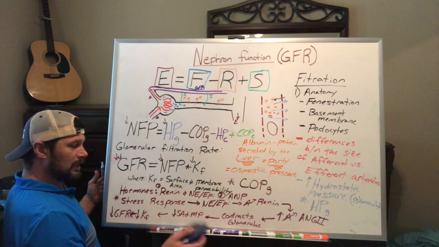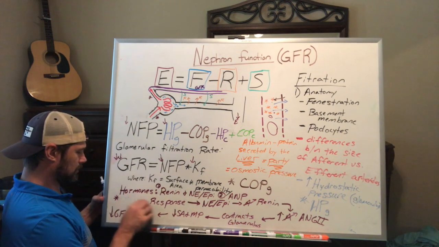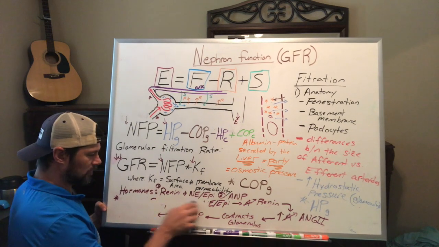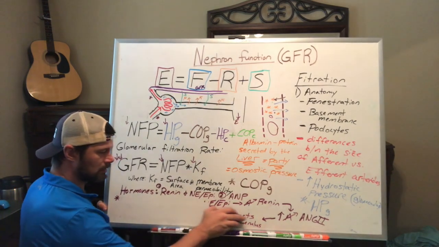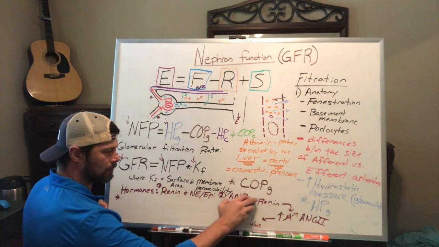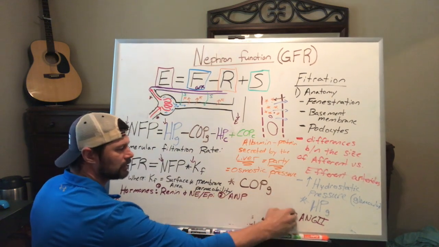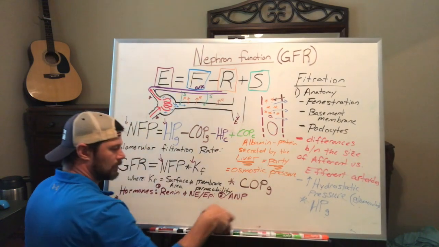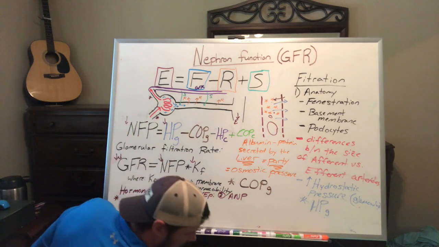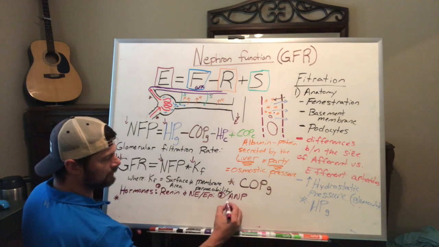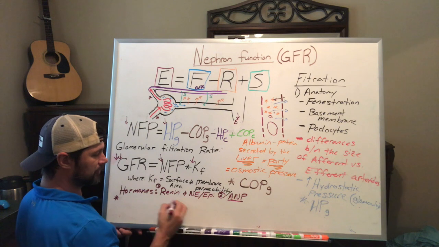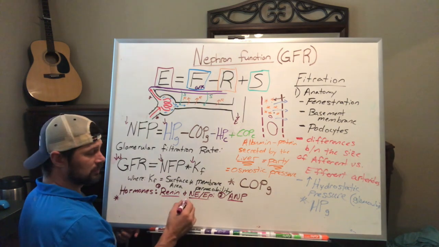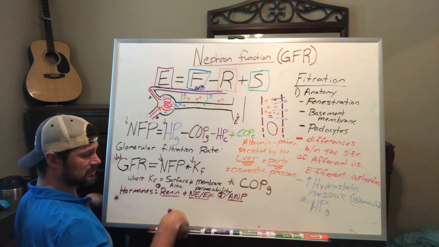The other hormone that we said affects GFR. Everybody take a nice deep breath. I'm not going to write this one out. I'm just going to say this one. This is ANP. So the stimulus for the release of norepinephrine, epinephrine, renin was anything that tries to decrease GFR.